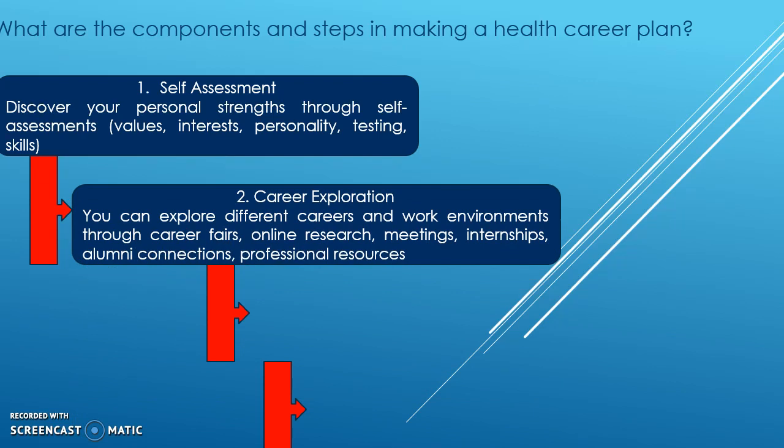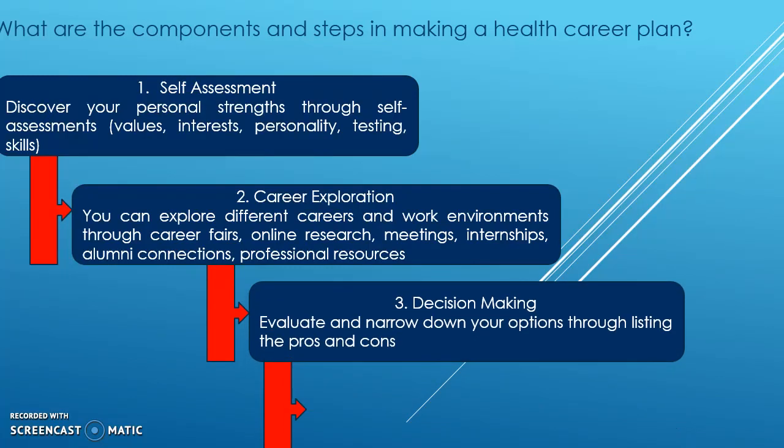You can explore different careers and work environments through career fairs, online research, meetings, internships, alumni connections, and professional resources. Third is decision making. Before you decide on taking a career that works for you, you can evaluate and narrow down your options through listing the pros and cons, comparing your personal strengths and interests, and deciding which career fulfills both current and future goals.